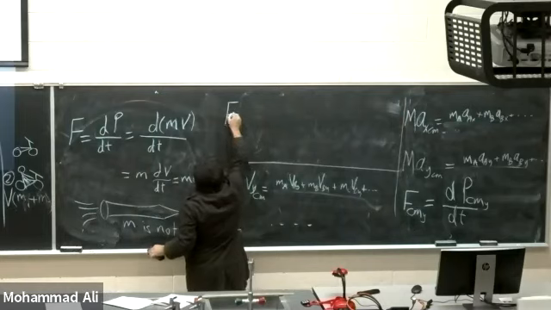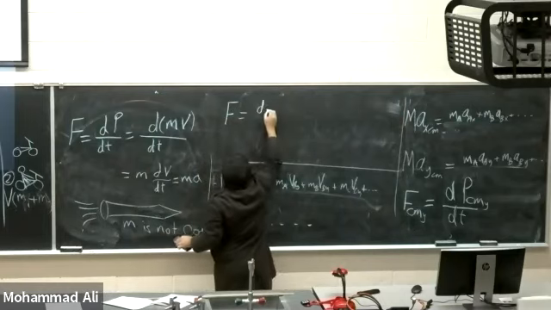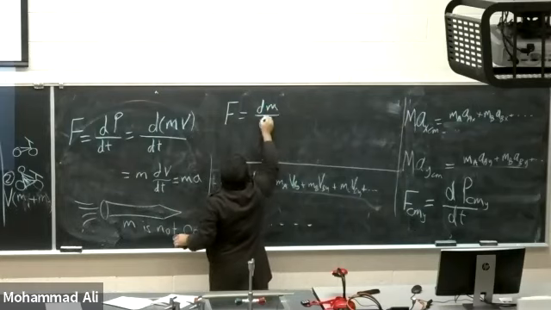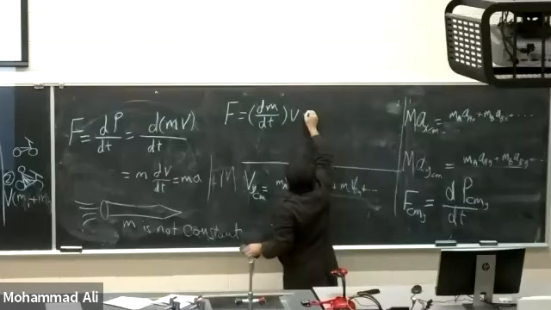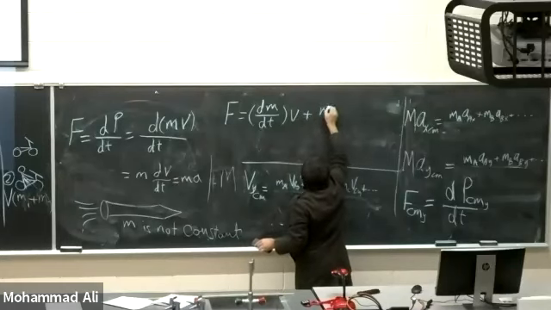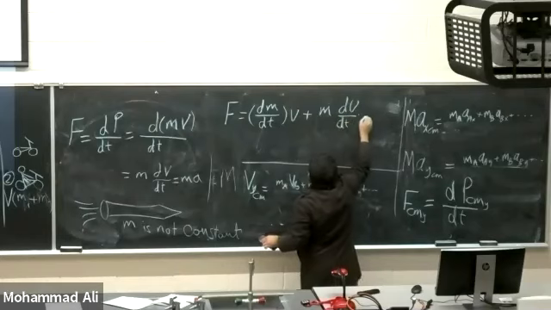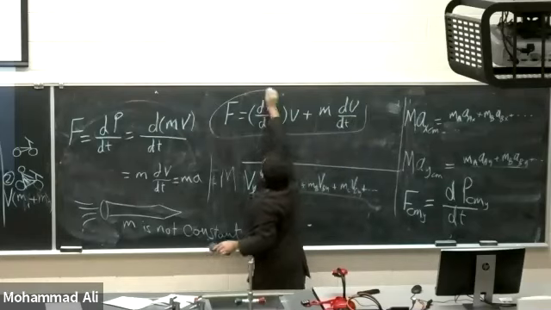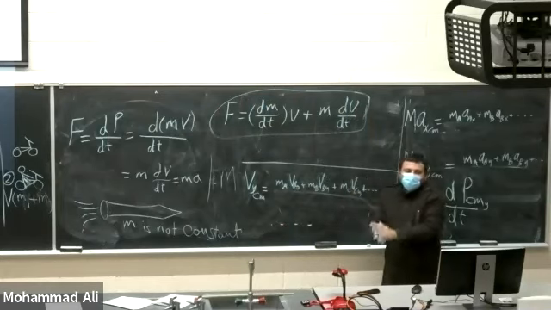So the force in our system will be equal to dm/dt multiplied by the velocity plus the mass multiplied by the change in velocity with respect to time, because the mass is not constant in our system.